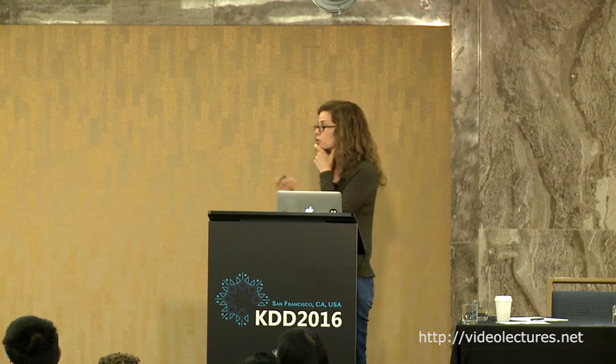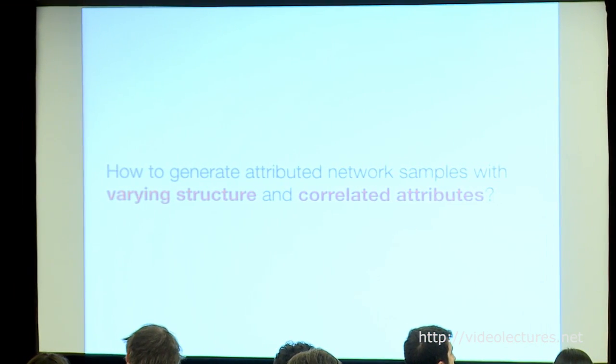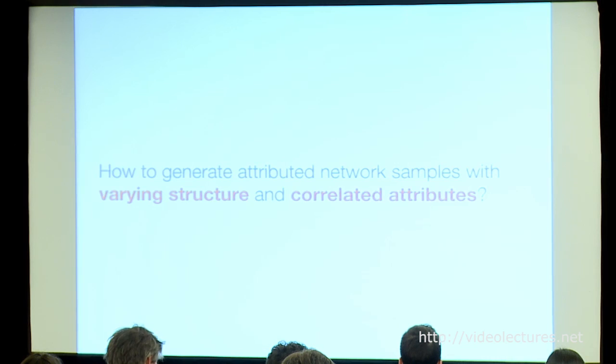So I wanted to be able to not only sample network structures, but sample network structures with correlated attributes, which is what we see in the real world. So how can we generate attributed network samples from an underlying distribution where the structure is varying and the attributes have correlation amongst themselves as well?